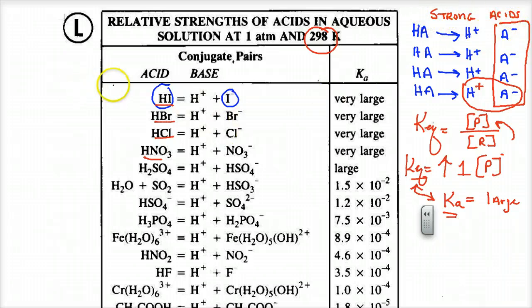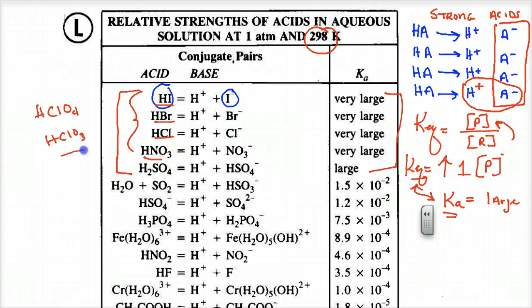Now, strong acids, if you notice in this table, at least the ones listed, and they have 5 listed, and we're probably missing 2 more from this table. It's not comprehensive. Perchloric acid, HClO4, and chloric acid, HClO3, are strong acids that would be in this list somewhere, but they left those out.